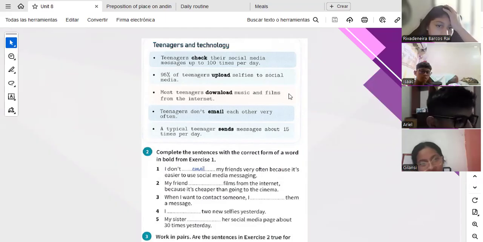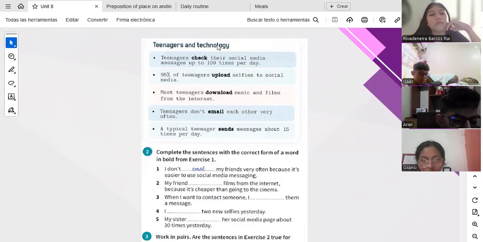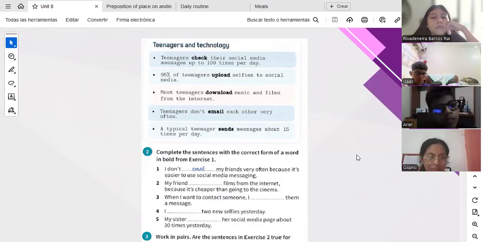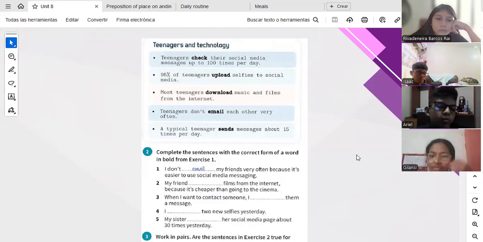So you need to use another word among these. Download films from the internet, that's much better. So could you read the complete sentence, please, Jilansi? My friends download films from the internet because it's cheaper than going to the cinema.